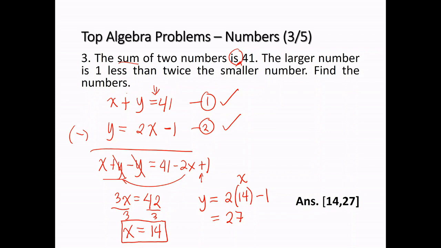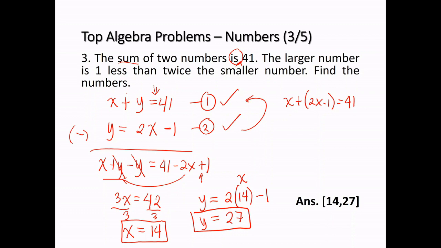Another way of solving for the values is to substitute the y of equation 2 into equation 1. So you have x plus 2x minus 1 is equal to 41. Then you can find x, this is the alternative solution.